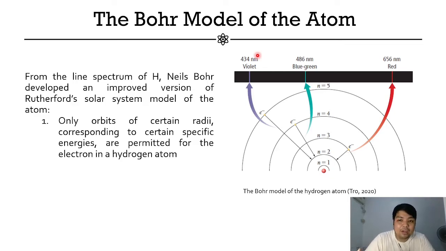When we say a hydrogen-like atom, that means it is an atom with the electronic structure of a hydrogen atom. Remember that a hydrogen atom only contains one electron. So hydrogen-like atoms are atoms that only have one electron.